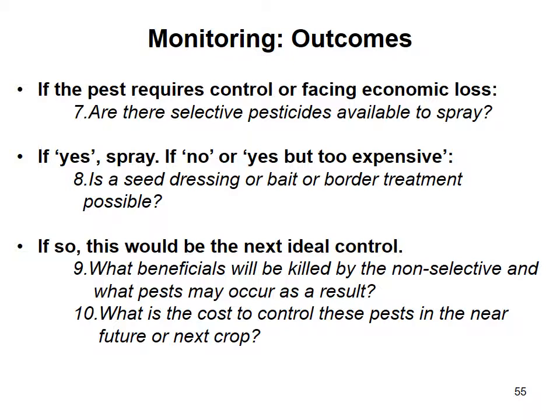If so, this would be the next ideal control method. Also think about the final two questions here. What beneficials will be killed by the non-selective pesticide, and what pests may occur as a result? Finally, what is the cost to control these pests in the near future or next crop?